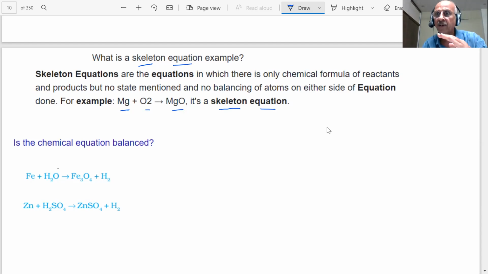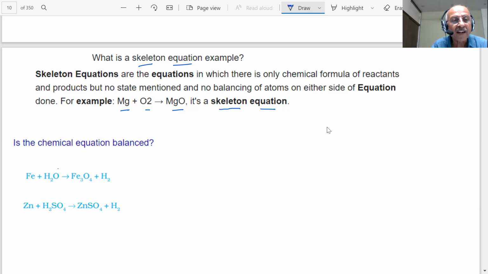Whenever a chemical reaction takes place, if I represent the formulas of the reactants and the products, but I am not balancing the equation and I am not representing the states of the reactants and the products, that equation is known as a skeleton equation.